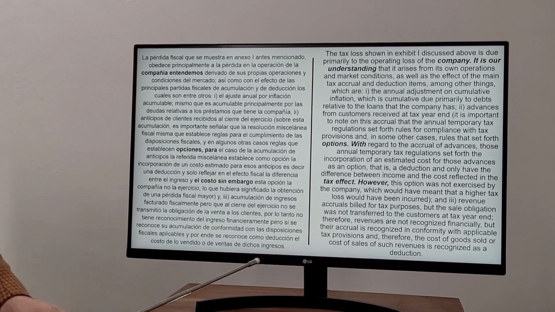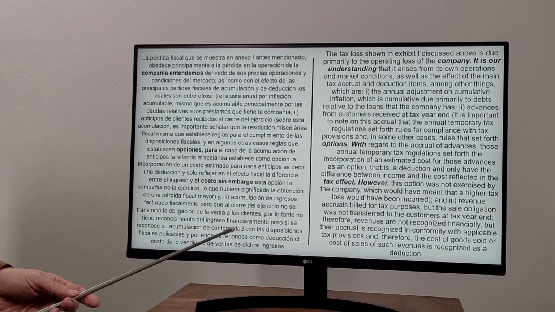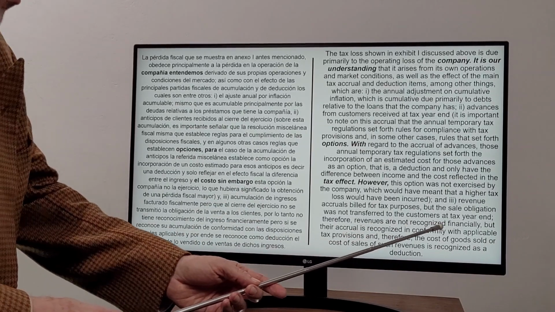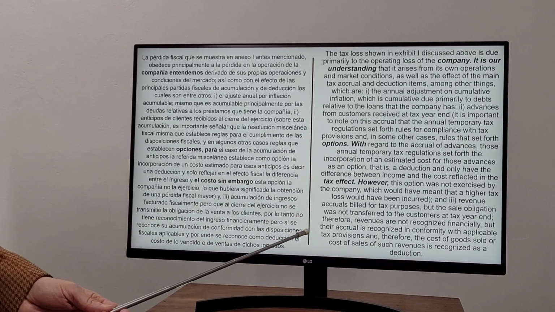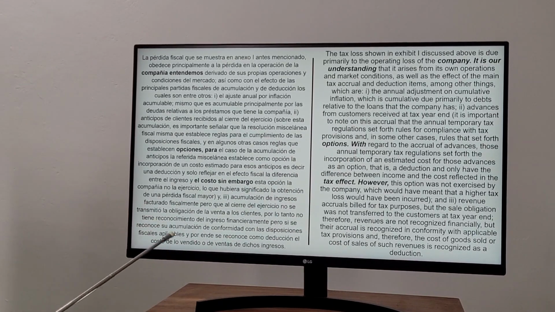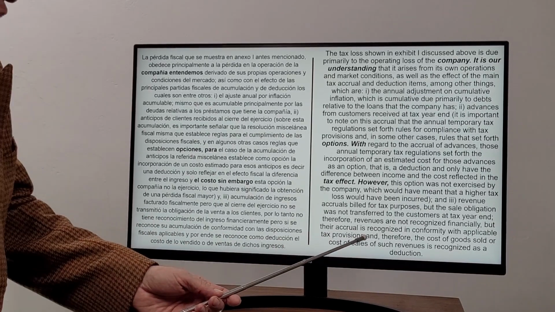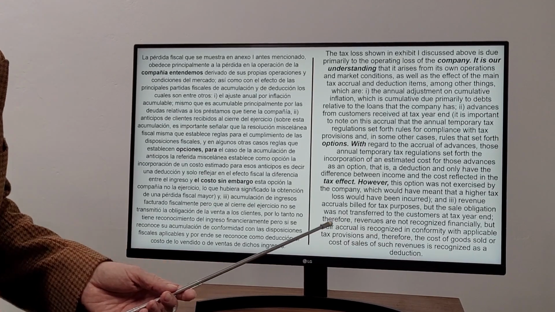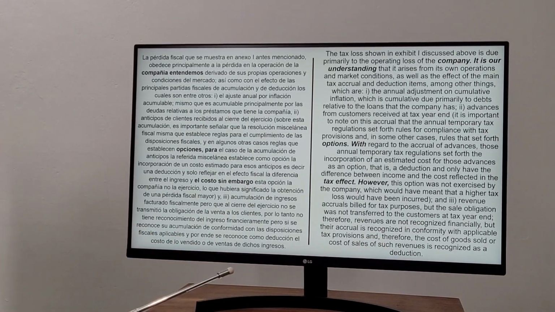It comes over in the passive voice, is recognized, and I pick up the rest with de conformidad con las disposiciones, in conformity with applicable tax provisions or tax legislation, and therefore, notice that in Spanish it has y por ende. When we have and then therefore, there is a comma in the middle, and, comma, therefore, and then we close therefore with another comma.